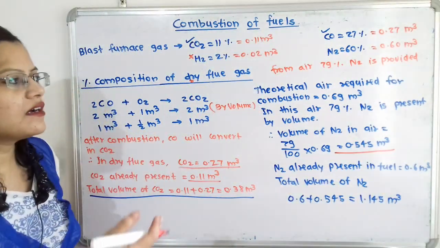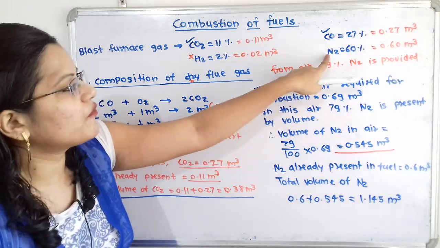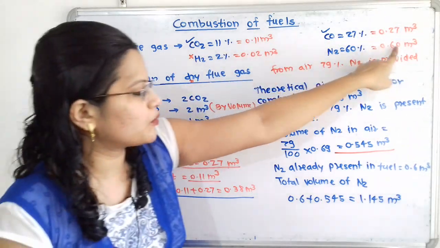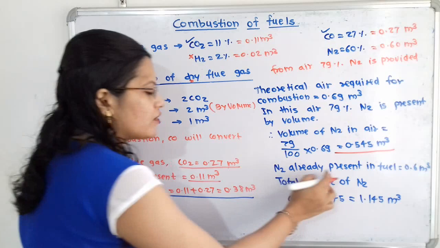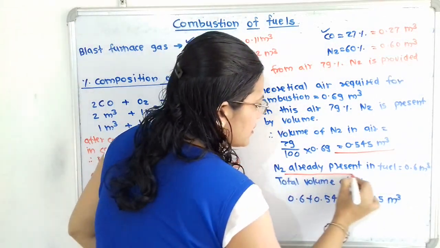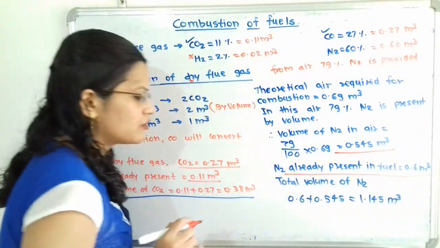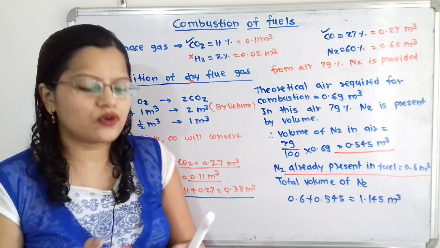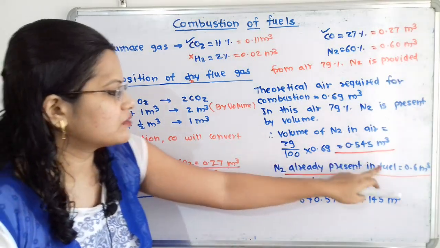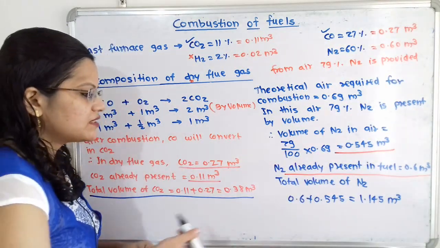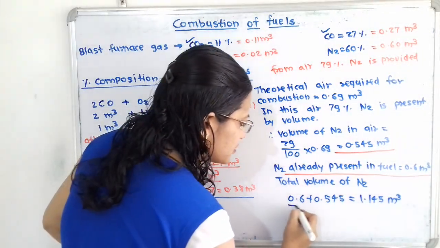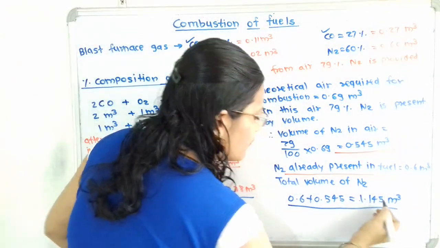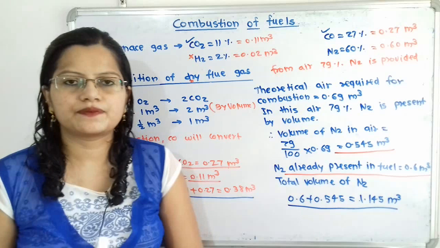Now what is the volume of N2 already present? That is 0.60 meter cube. So N2 already present in the fuel is equal to 0.60 meter cube. What is the total volume of N2? We have to add these two, that is 0.6 plus 0.545, which is equal to 1.145 meter cube.